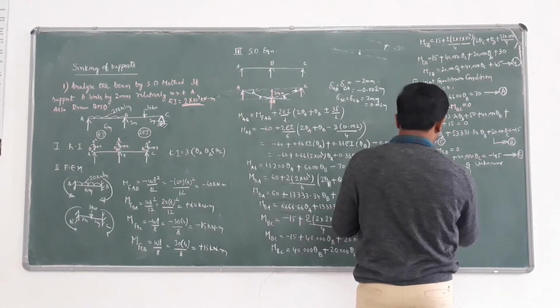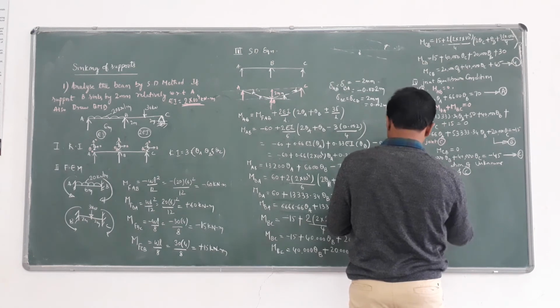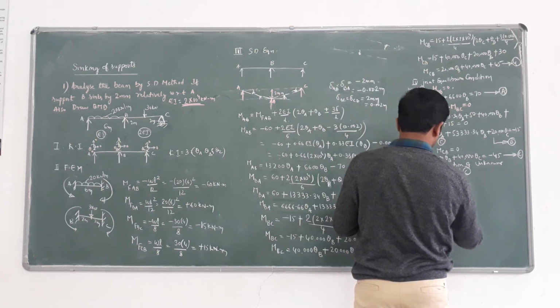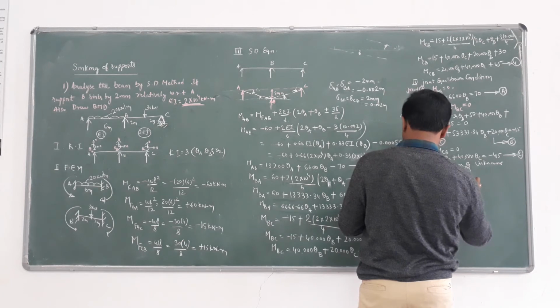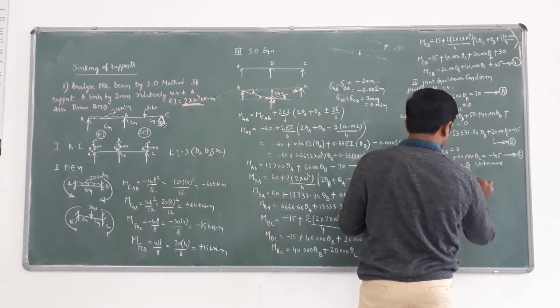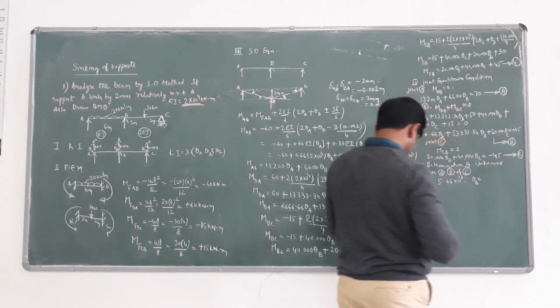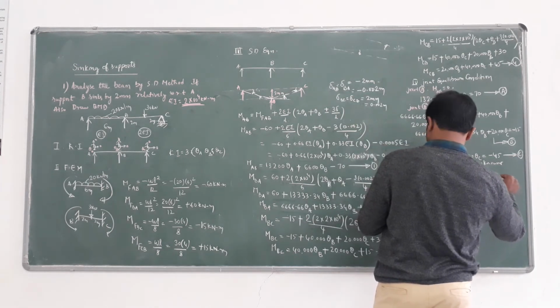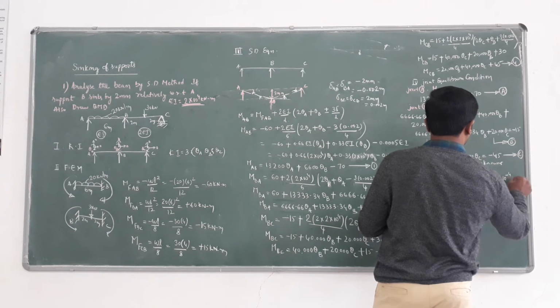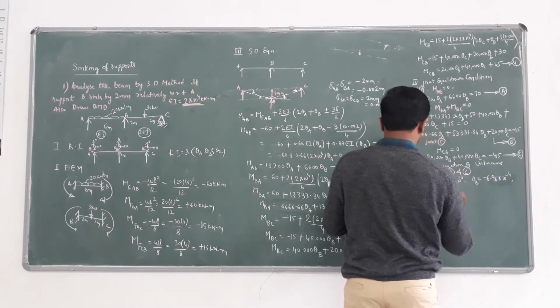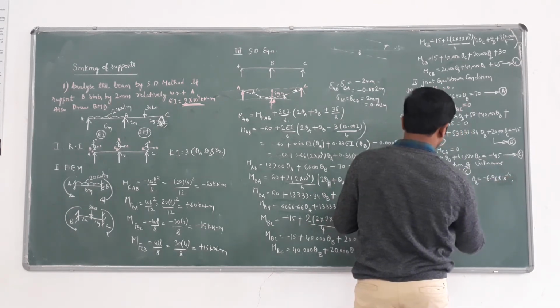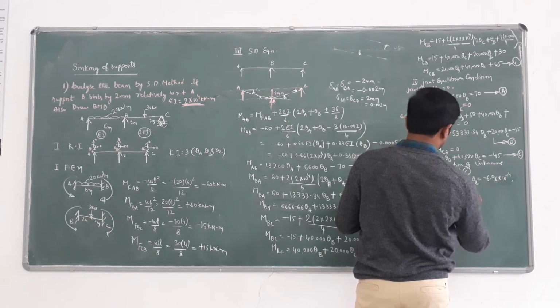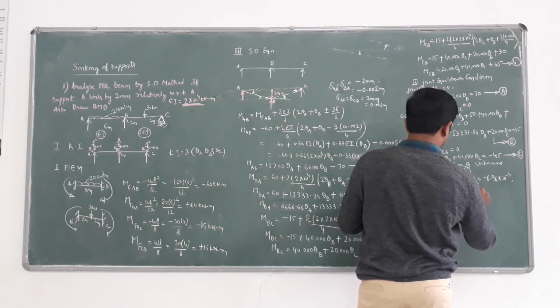So you are getting theta A value as 5.66 into 10 power minus 3. Next, theta B as minus 6.96 into 10 power minus 4, and theta C as minus 7.76 into 10 power minus 4.